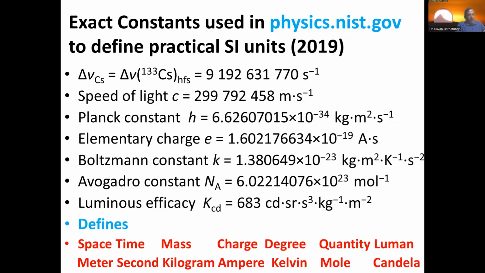In those days, the second was defined by a frequency of cesium. The speed of light was defined to be exactly 299,792,458 meters per second. And now to define the kilogram, h, the Planck's constant, has been defined exactly to be a constant.